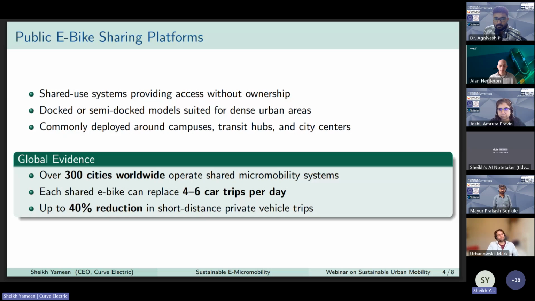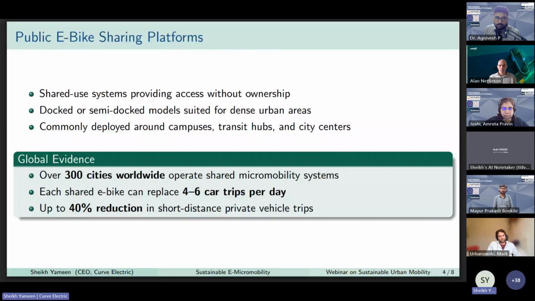More than 300 cities worldwide have some form of shared micromobility systems. And importantly, from the data that we have collected, each shared e-bike can replace 4 to 6 car trips per day.